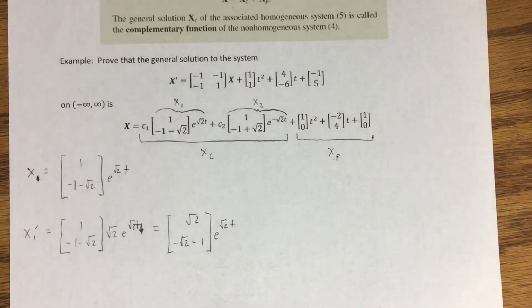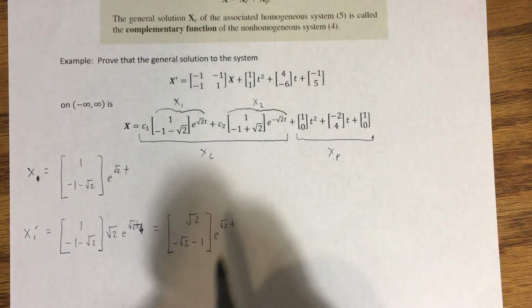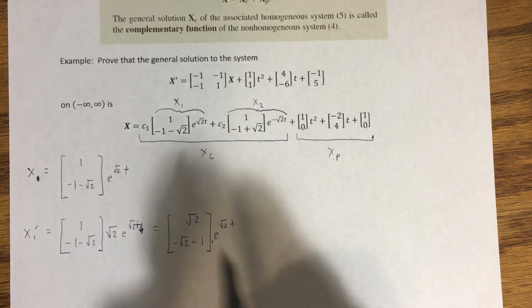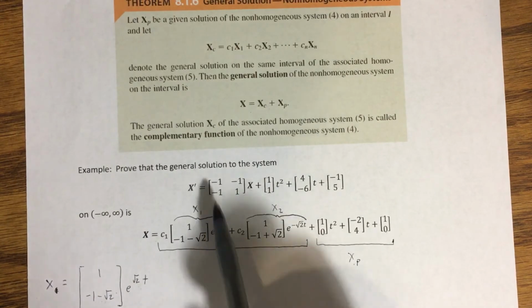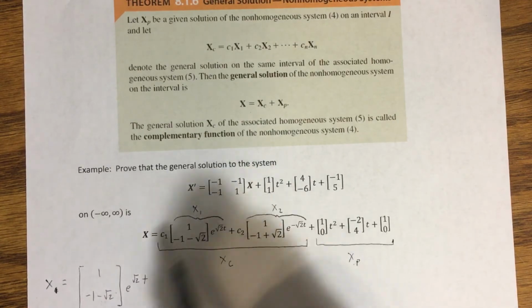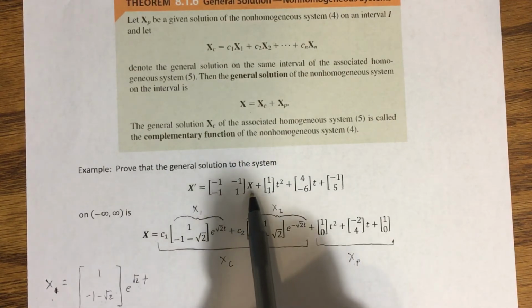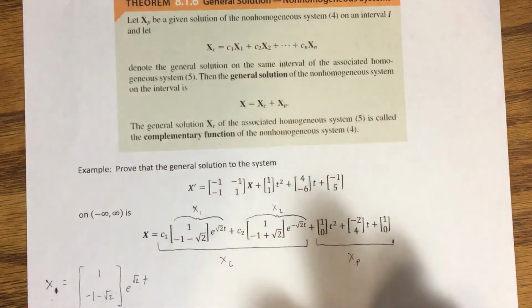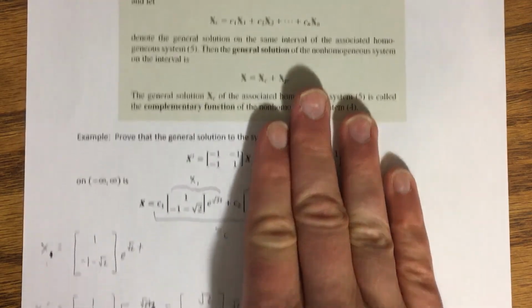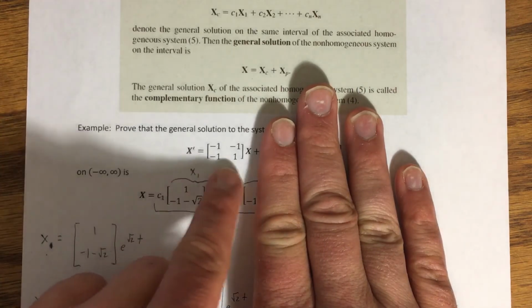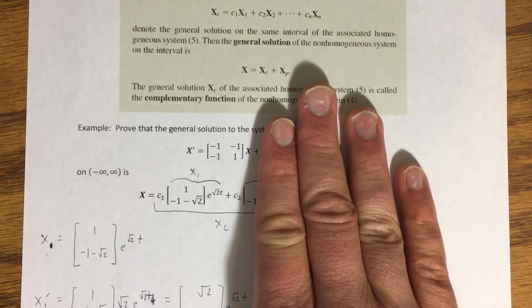Okay? So now what I want to do is compare this to what would happen if I plugged x1 into just this part of my system. Because remember, if we get rid of all of this stuff, what remains here is the associated homogeneous system.